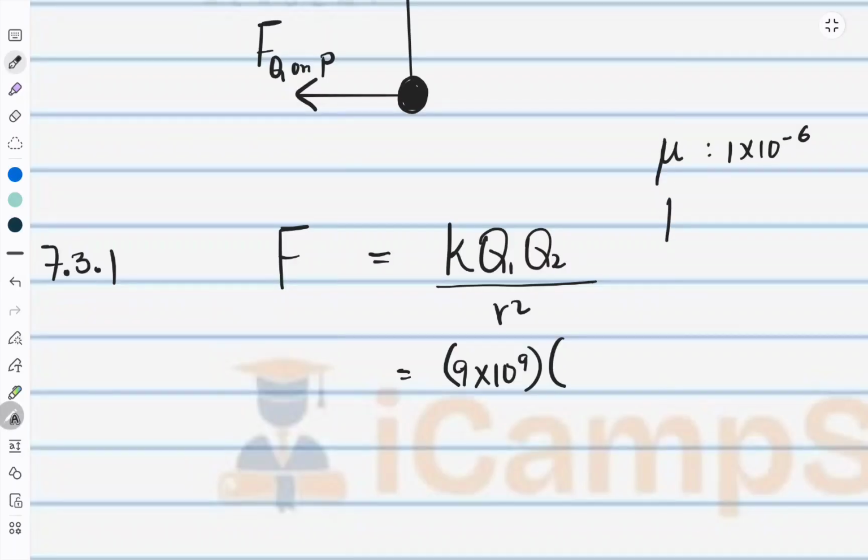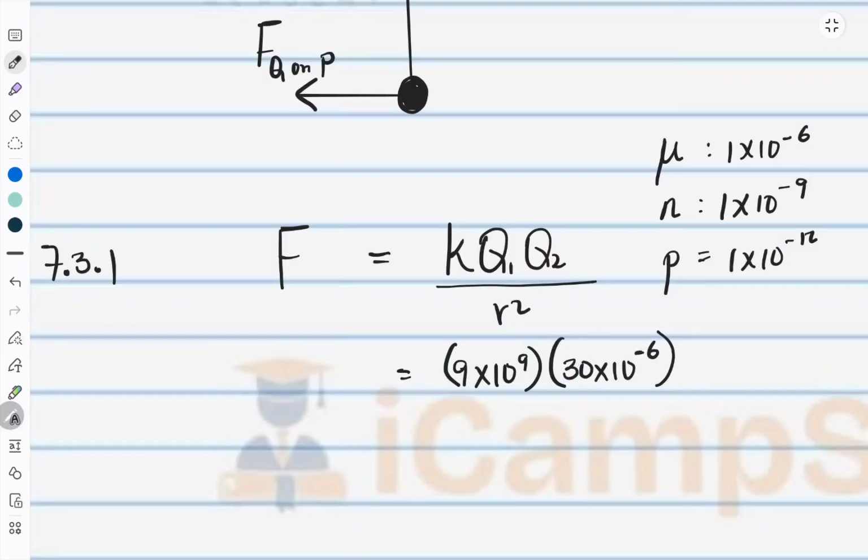Nano is 1 times 10 to the power minus 9. And picocoulomb is 1 times 10 to the power minus 12, something like that. So since this is micro, we'll do 30 times 10 to the power minus 6.